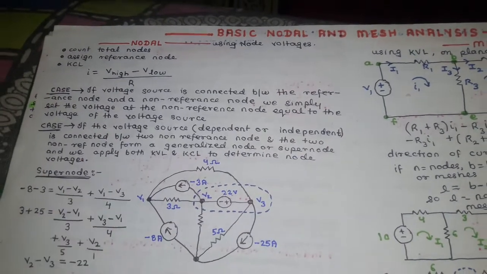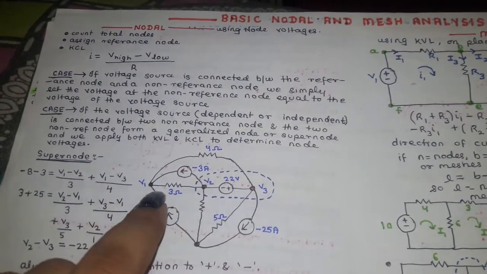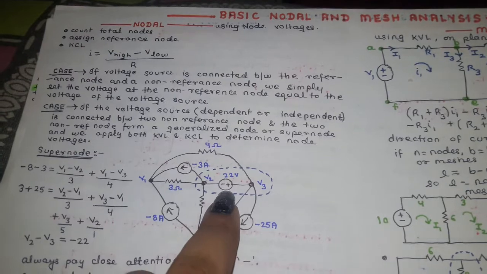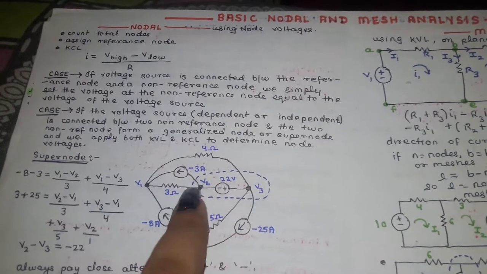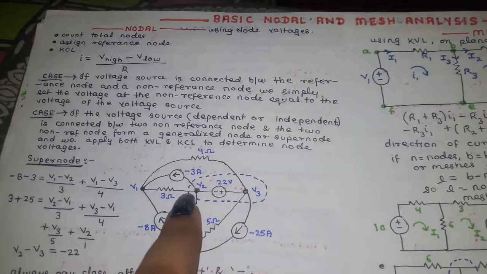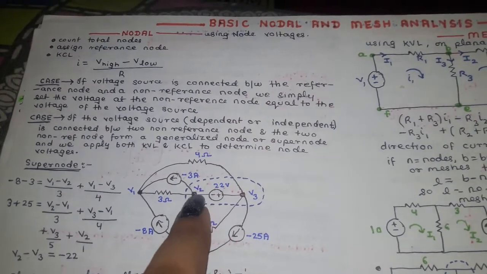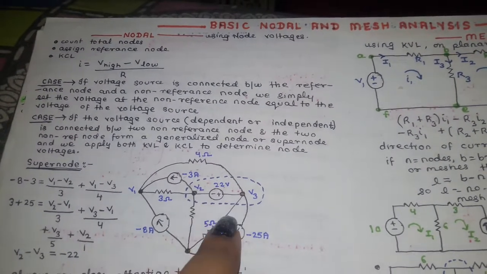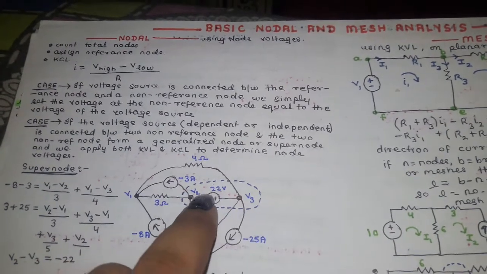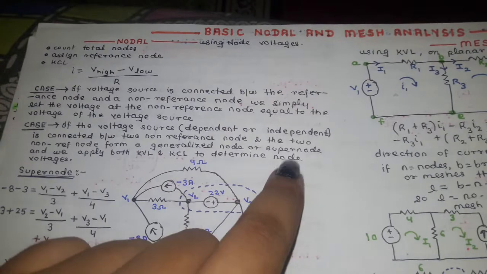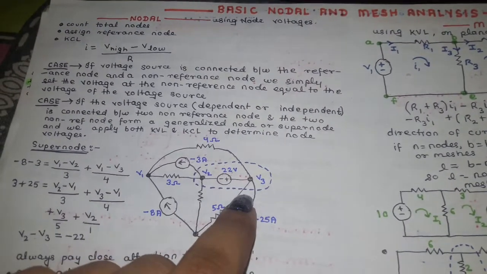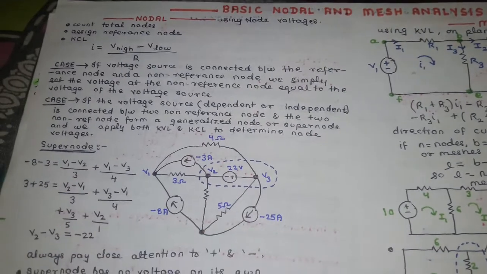Now suppose this is your reference node, and we have a voltage source between two non-reference nodes. So we combine these two nodes to form a single node, called a super node, and on this node we apply both KVL and KCL to find out the node voltages.